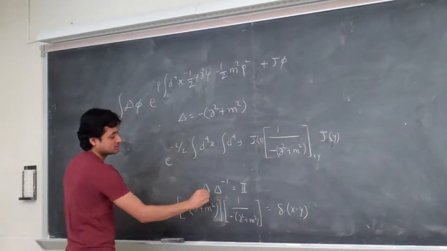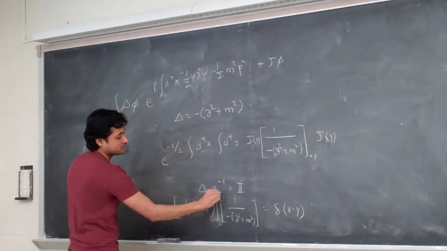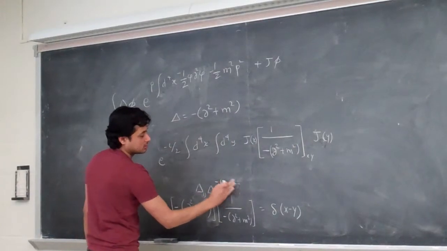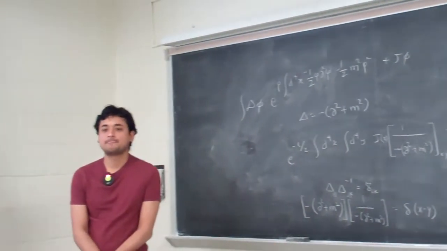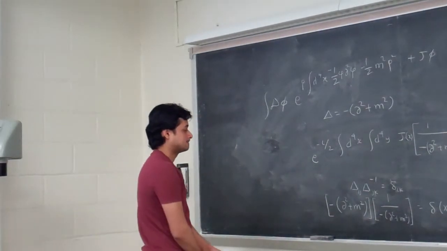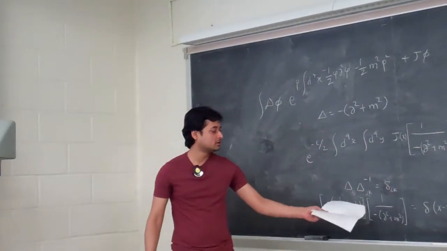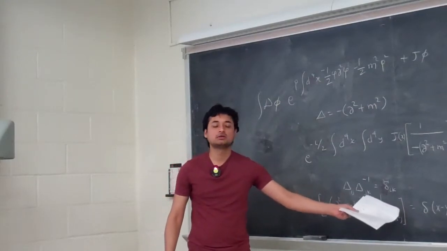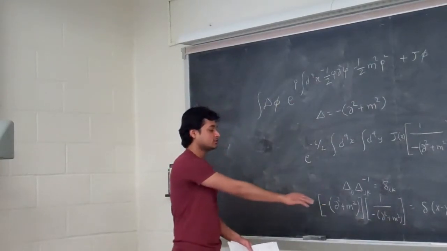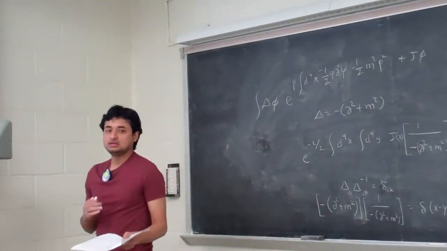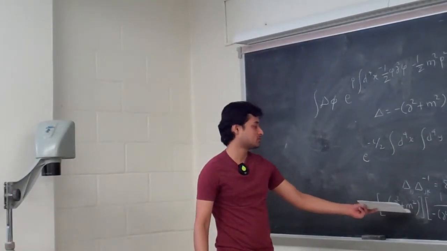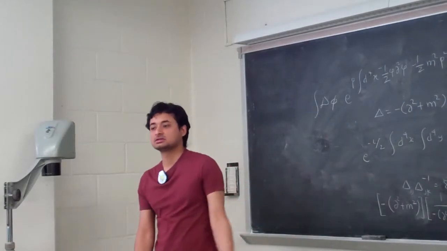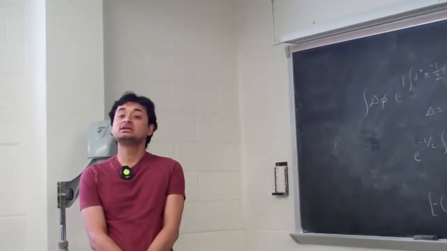Because I can write this, written in an index way, as delta ij, delta inverse jk is delta ik. But you already know what this thing is supposed to be. You already know what 1 over d squared is. You have seen this equation before. This partial squared plus m squared acting on something giving you a delta function. It is the Green's function.